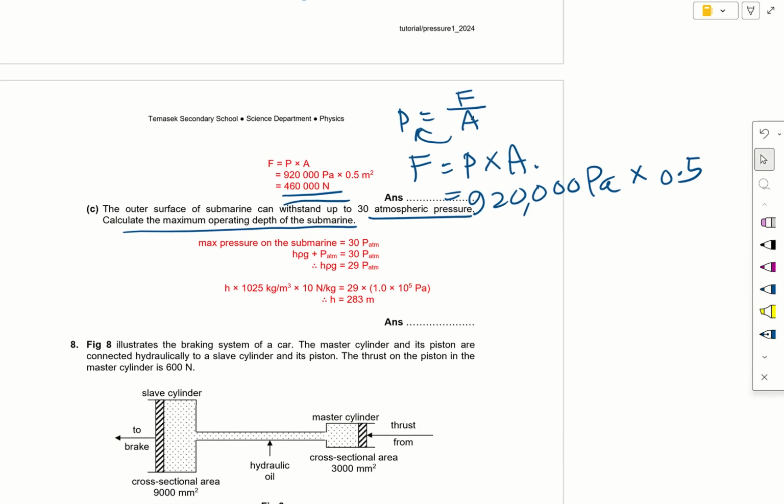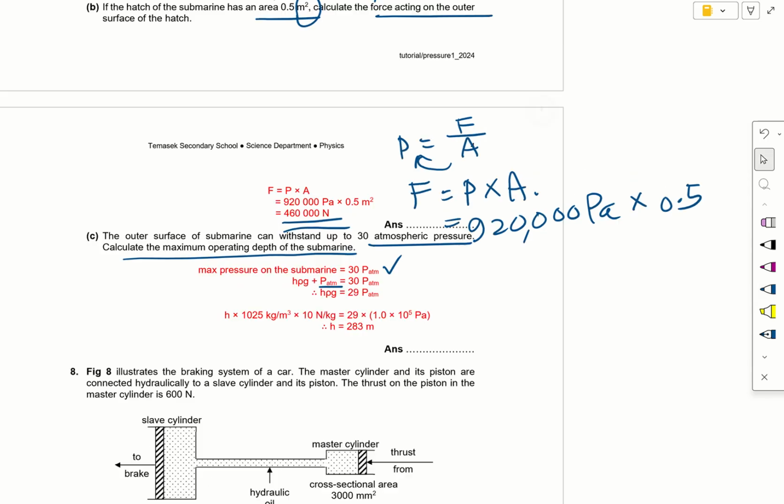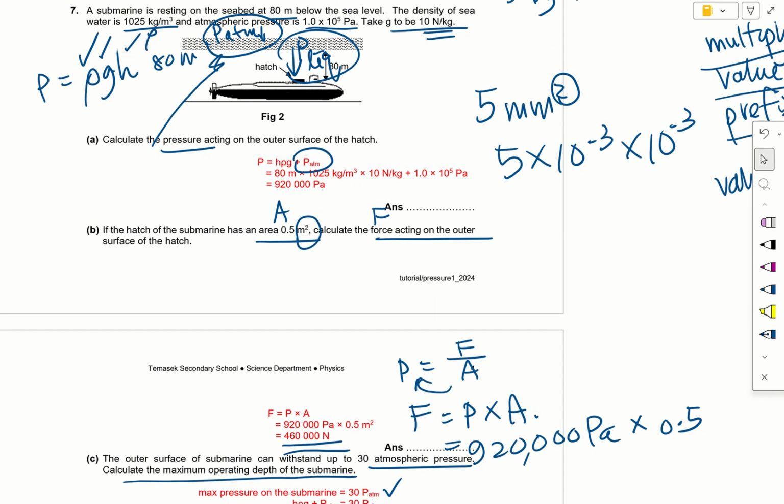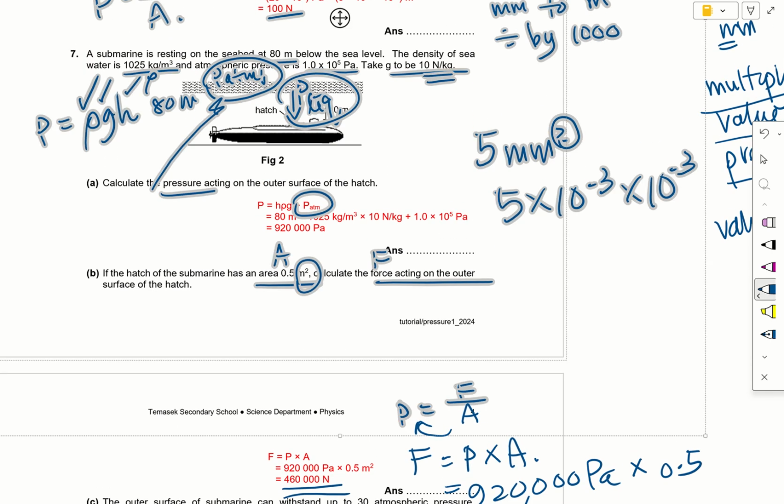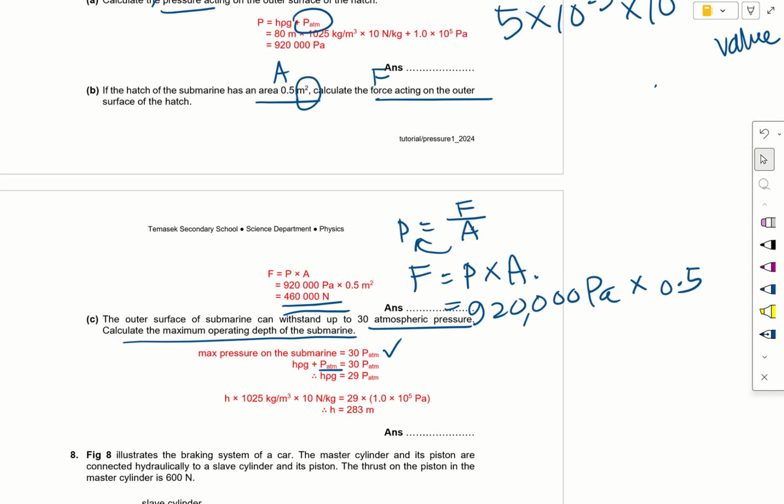Okay, so the maximum pressure on a submarine that they can exert is 30 PATM. And there is only one PATM acting on the liquid surface, right? They mentioned right at the start that it is 1 atmospheric pressure, 1 PATM.